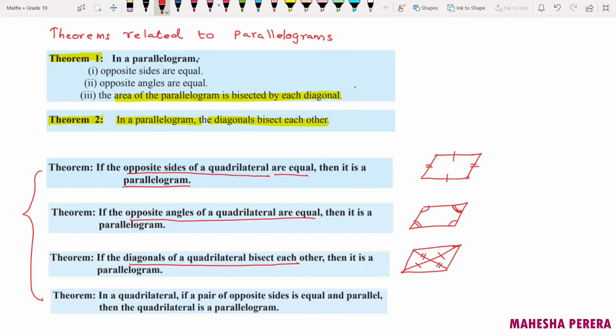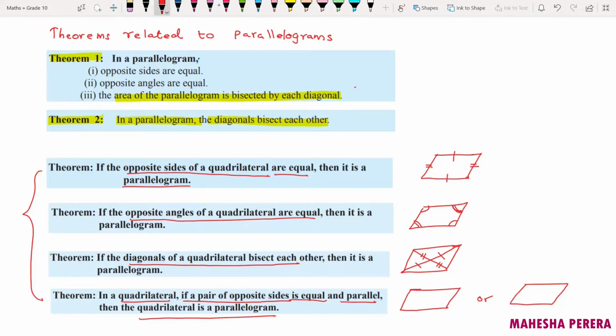Right. Lastly, the last theorem, it is again a converse theorem. In a quadrilateral, if a pair of opposite sides is equal and parallel, then the quadrilateral is a parallelogram. Now, according to this theorem, let's say you are given a quadrilateral with a pair of opposite sides which is equal and parallel, like this.